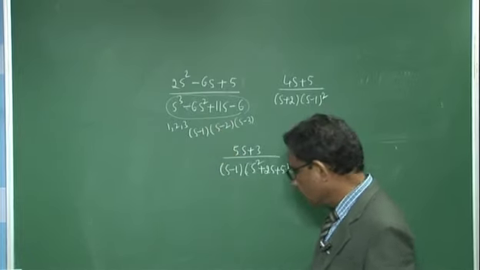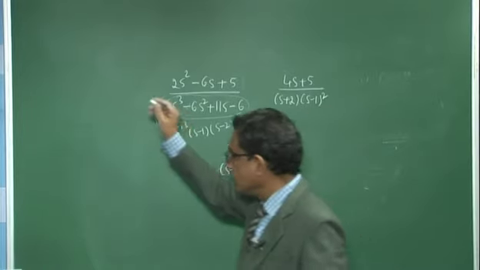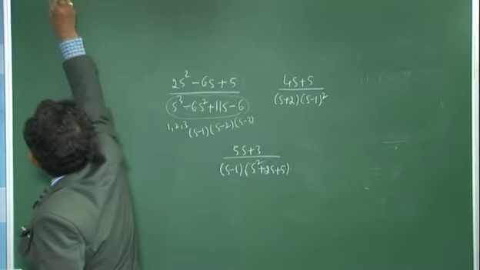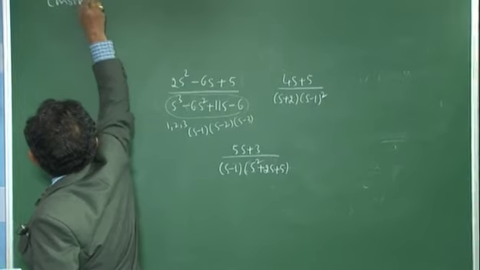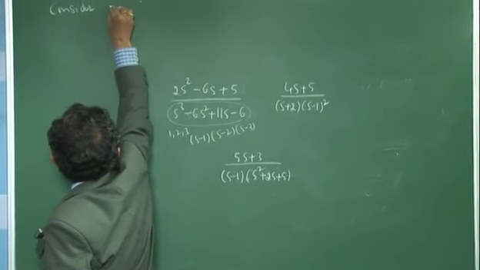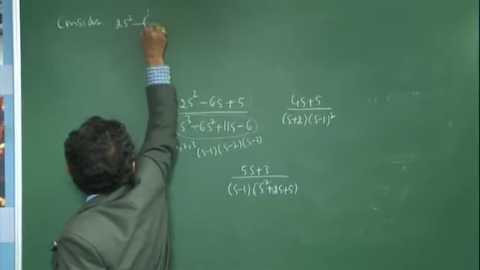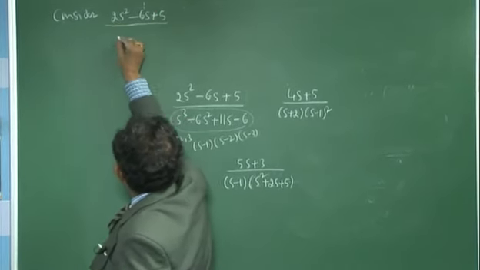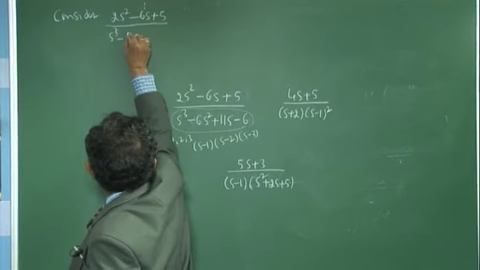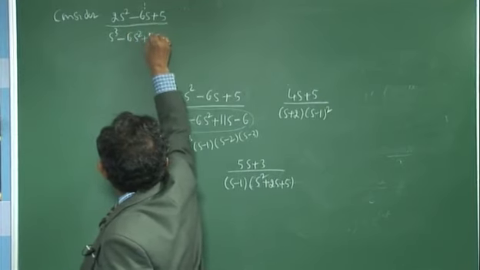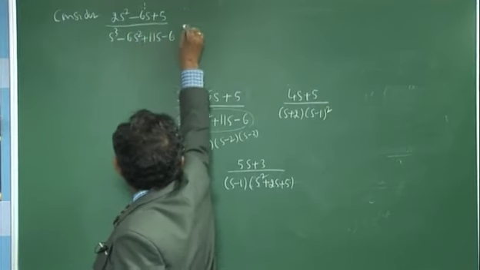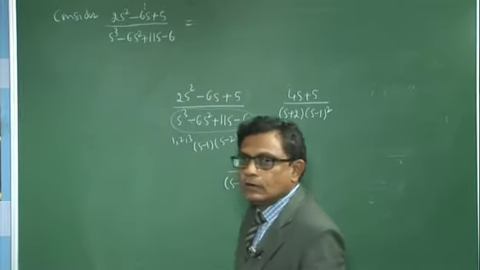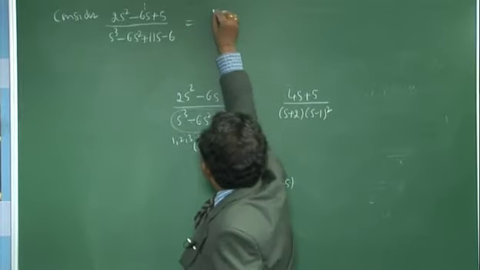Yes. Now, we will do the first example. What is your first example? Consider (2s square minus 6s plus 5) divided by (s cube minus 6s square plus 11s minus 6). Now, how will we write this one?